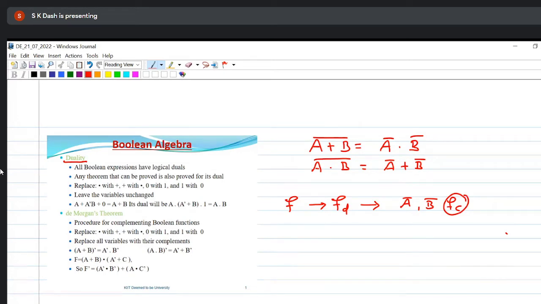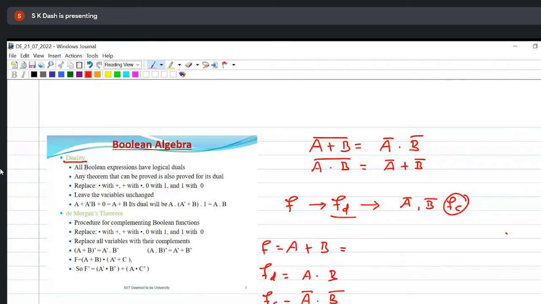So to find the complement of any function, first find the dual function. Like a plus b: what is the dual of a plus b? A dot b. Then to find its complement, a needs to be replaced with a bar, b needs to be replaced with b bar. Whatever variables are there, they need to be replaced with their complements.